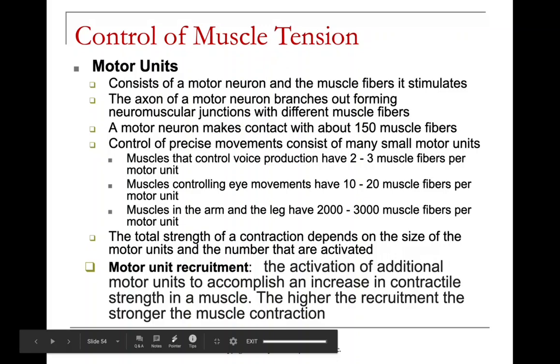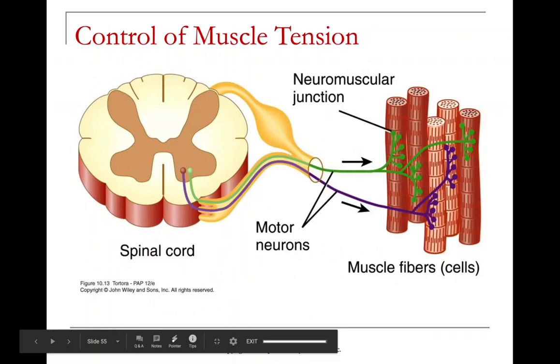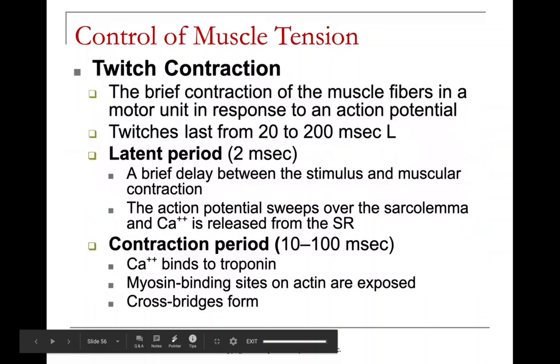For motor unit recruitment, you have the activation of additional motor units to accomplish an increase in contractile strength in a muscle. The higher the recruitment, the stronger the muscle contraction. This here is just showing a motor neuron coming out and attaching to your tissues.